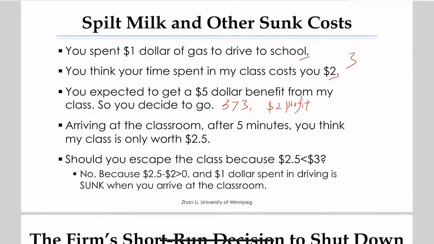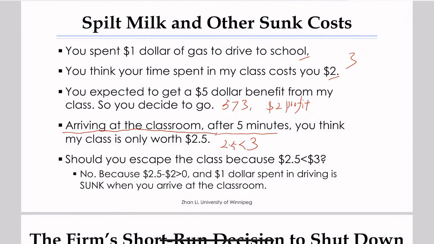Now, after watching my lecture for 5 minutes, you think my class is only worth 2.5, right? So you can see that 2.5 is smaller than your total cost. Now, should you skip the class or not?